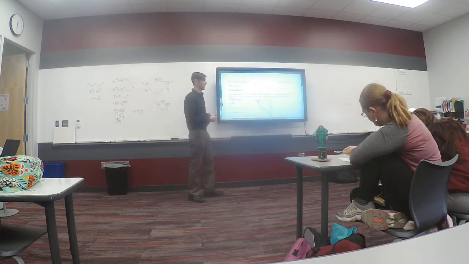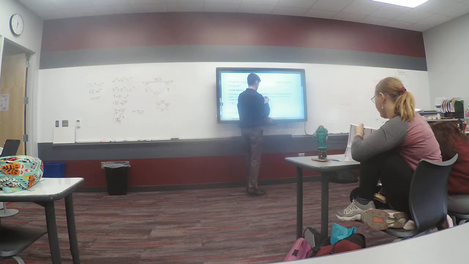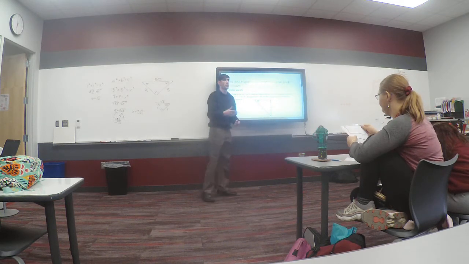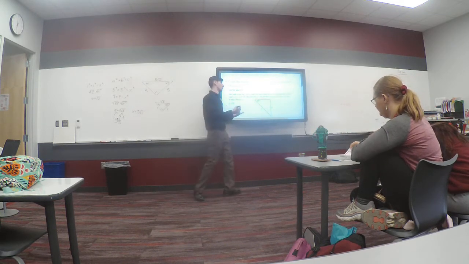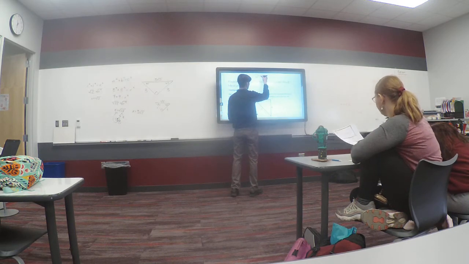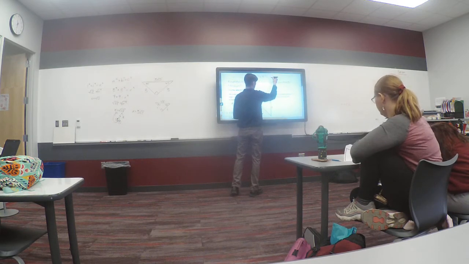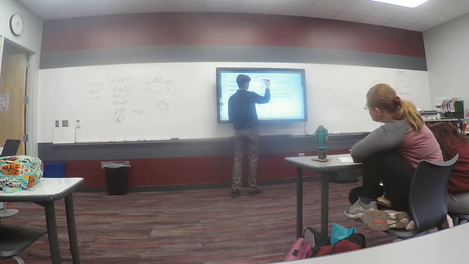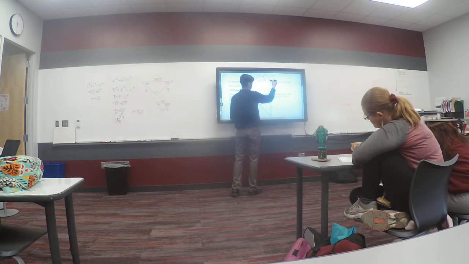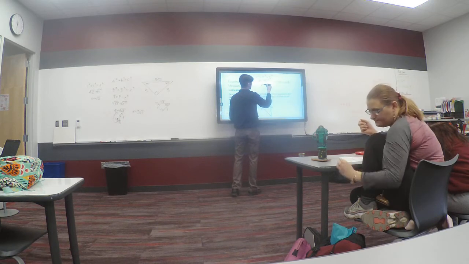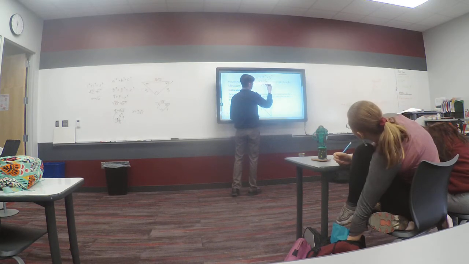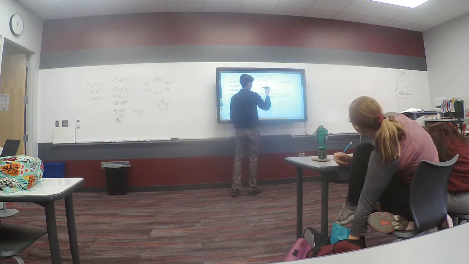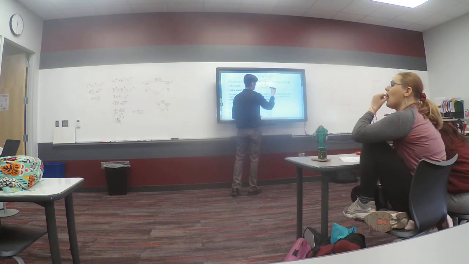I can set up the Pythagorean theorem and go, well, if this is 4, then this is also going to be 4. 4 squared plus 4 squared equals x squared. 16 plus 16 is equal to x squared, so x squared should be equal to 32. x is equal to the square root of 32.